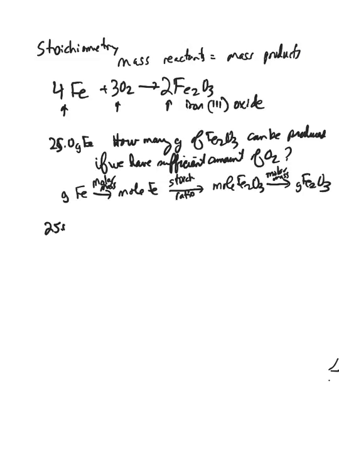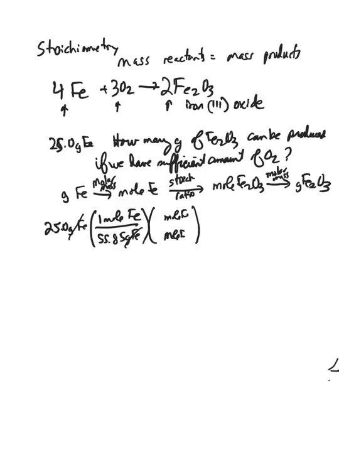So 25.0 grams of iron. We're going to change that to moles iron. And 1 mole of iron is 55.85 grams of iron. We got that from the periodic table. So grams iron cancels. And now we will convert from moles iron to moles Fe2O3.